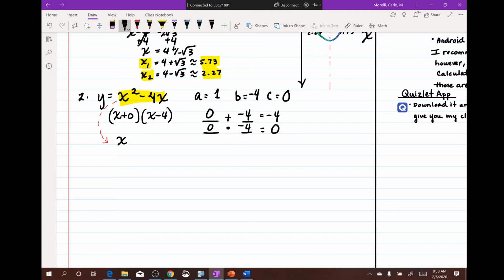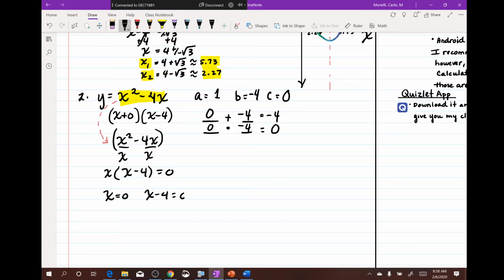But x squared minus 4x could simply have been factored using the GCF method, and you could have pulled out an x, right? So you could have rewritten it as x, open parentheses, x minus 4, and that equals 0. And so you have x equals 0 and x minus 4 equals 0.